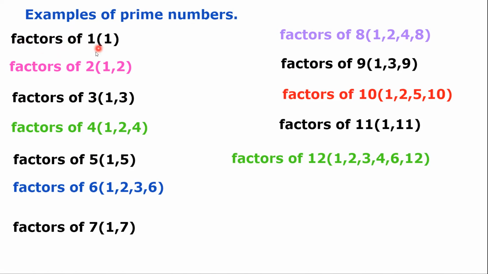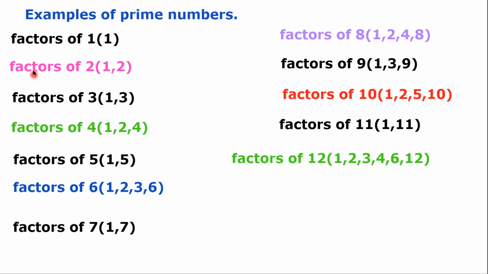Factors of 1 will help us to identify whether it's a prime number, but when you check the factors of 1, it has only one factor, which means that 1 can never be a prime number, because a prime number is a number with exactly 2 factors: 1 and the number itself.